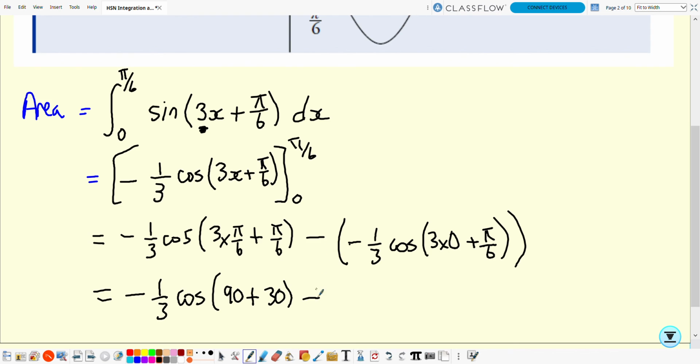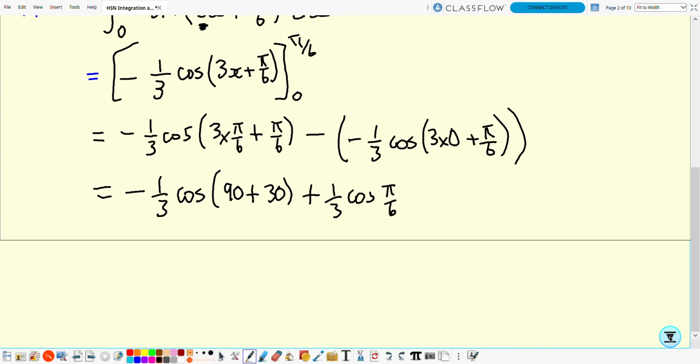Two negatives together here means I'm doing plus 1/3 of cos. And in this expression here, obviously 3 times 0 is 0. You've got plus pi over 6, so it's just the cos of pi over 6 that we're doing. So that would lead us to negative 1/3 cos of 120 plus 1/3 of cos pi over 6.